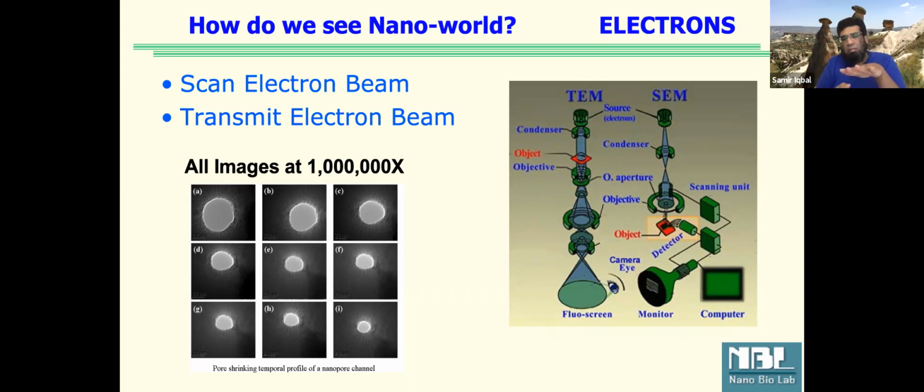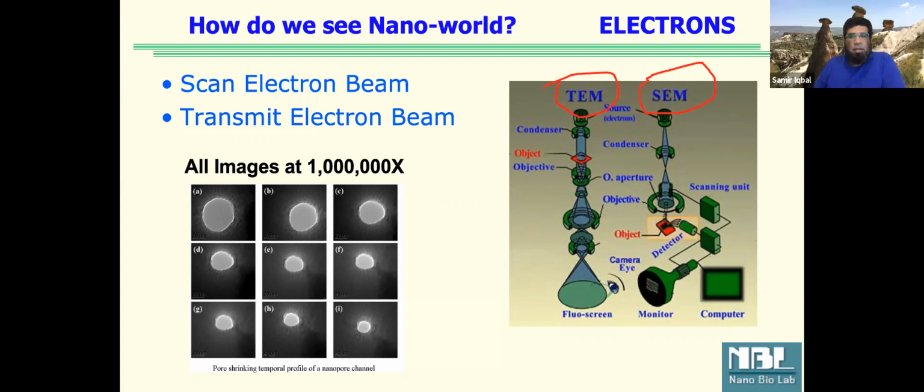Because it's a well-ordered structure, we can exactly see where all the atoms in that sample are. So that's where we transmit high energy electrons. We call that a transmission electron microscope. We'll talk more about these later, but we have two types: transmission electron microscope, TEM, and scanning electron microscope, SEM.